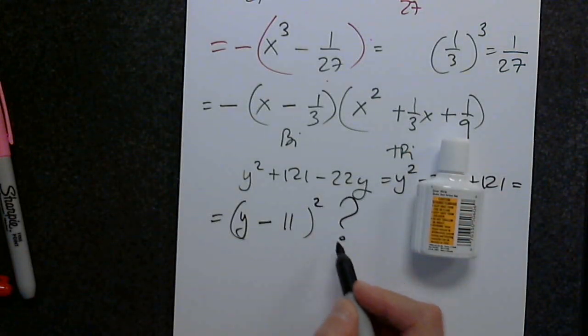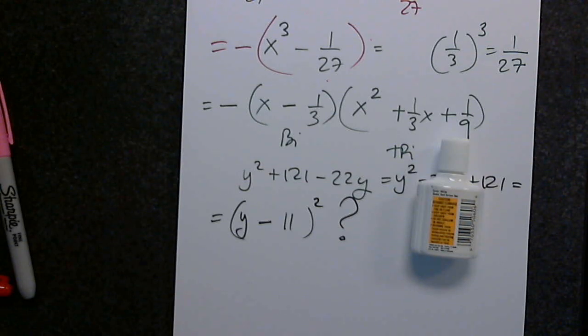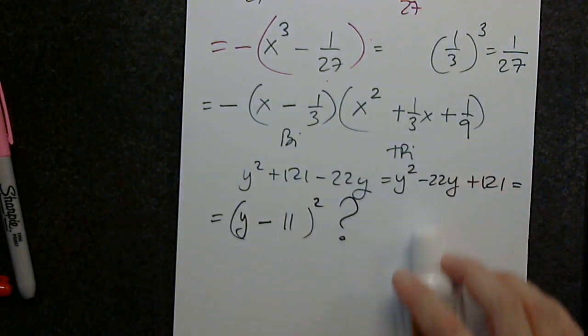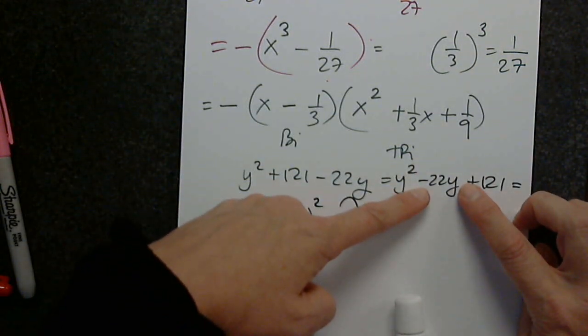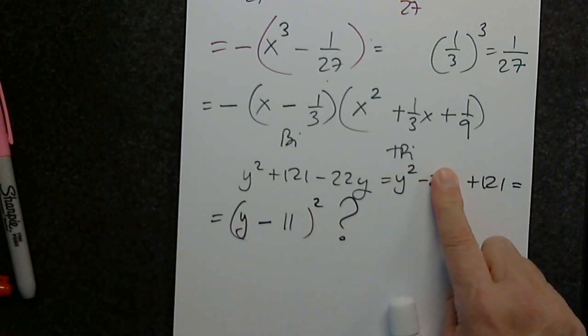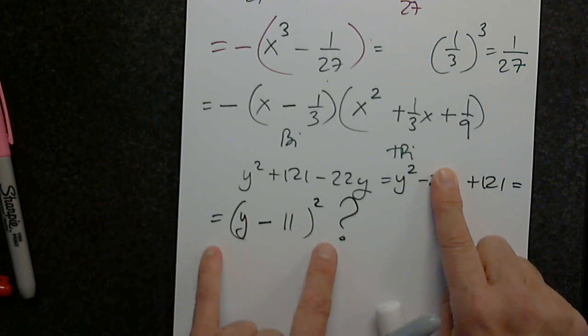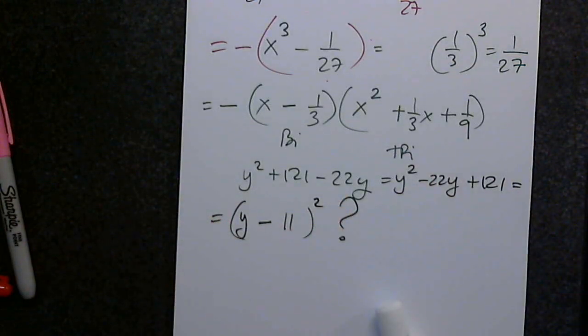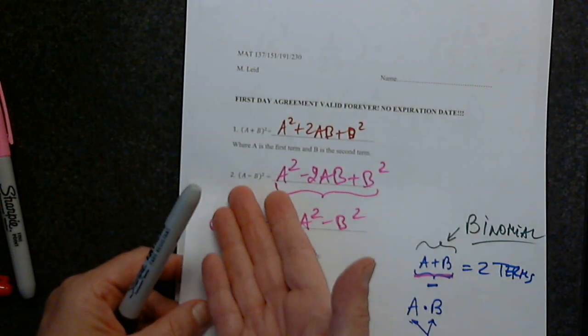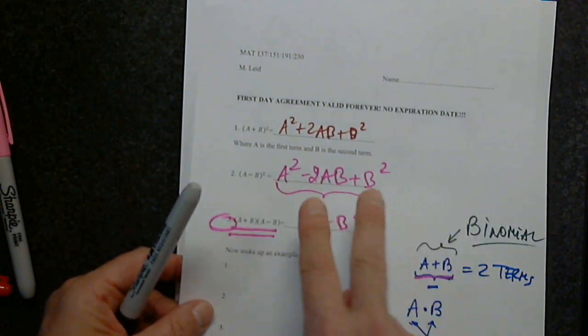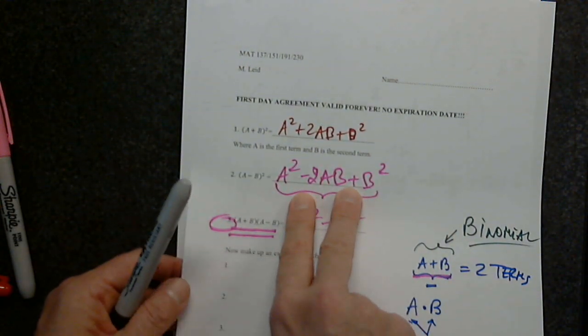But I have no idea whether this is the correct factored form. Why? Because I have not even looked at the middle term. If this is 7y, this is incorrect. When I expand something like this, because we just talked about it a few minutes ago, what is the middle term composed of?